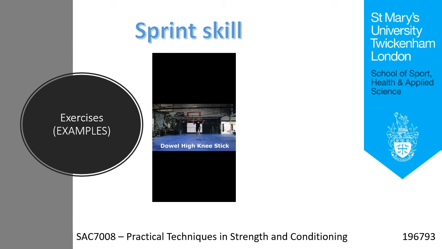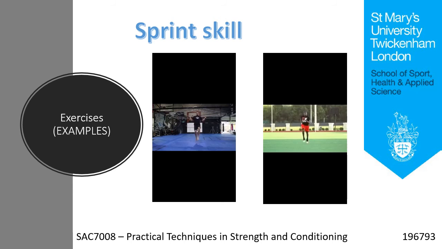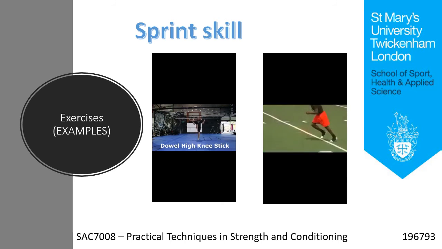And as skill sprint exercises, and these are examples, athlete number 2 could perform a dowel high knee stick in order to maintain the trunk position while bringing his knees up during the maximal speed drill. Also, the recovery leg could be worked with butt kicks.